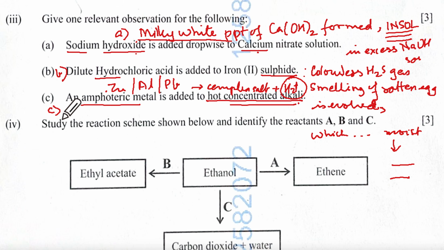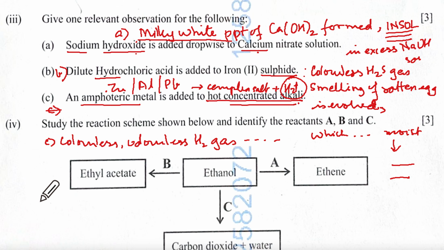Hydrogen, colorless, odorless hydrogen gas is liberated, which extinguishes a glowing splinter.